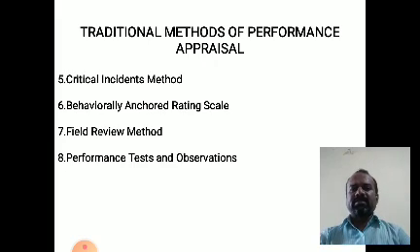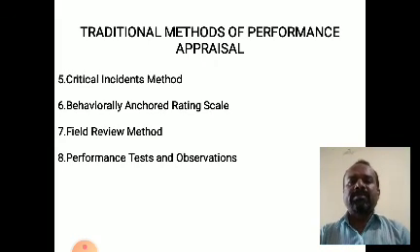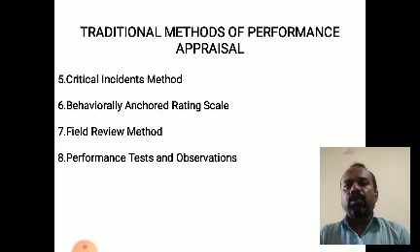Now let us move on to the sixth traditional method of performance appraisal, that is the behaviorally anchored rating scale. It is nothing but descriptive statements about the employee's behavior, both effective and ineffective, put on scale points. The rater is asked to indicate which behavior points describe the employee's behavior the best.